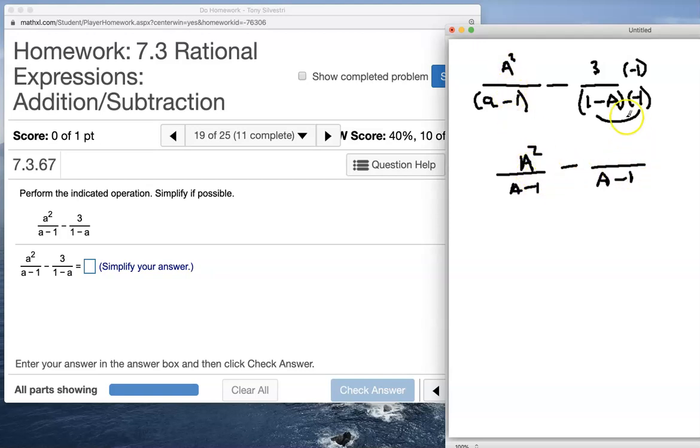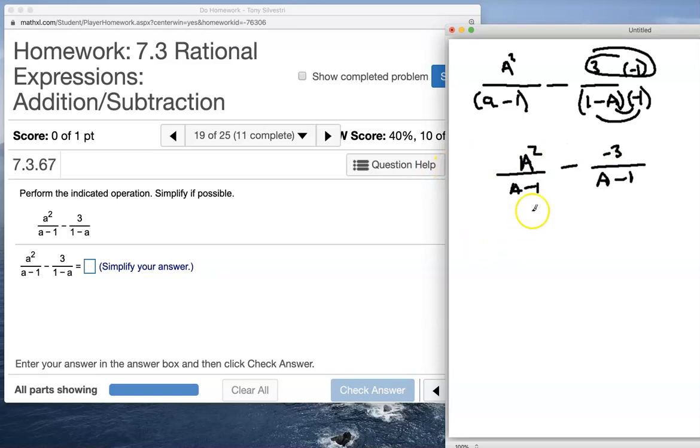That one's okay. But by multiplying the bottom by minus 1, because we noted that these factors were opposites, the one that looks ugly, negative 1 times negative a is a, negative 1 times 1 is negative 1, and it just so happens that they look the same. But up top, it's negative 3.